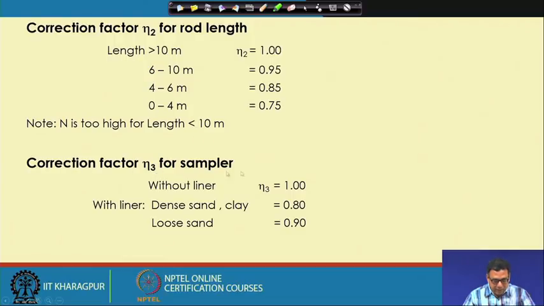Then this table can be used for the sampler corrections, because we use different sampler tubes, and depending upon the sampler tube our N value will also be influenced. So it is without liner or with liner, and there will be different correction factors. Without liner the correction factor is 1, and with liner, dense sand is 0.8, loose sand is 0.9.